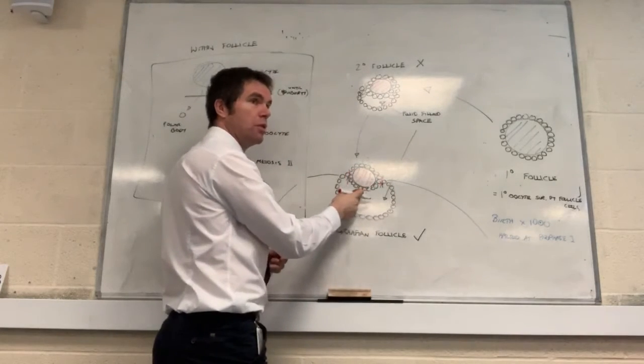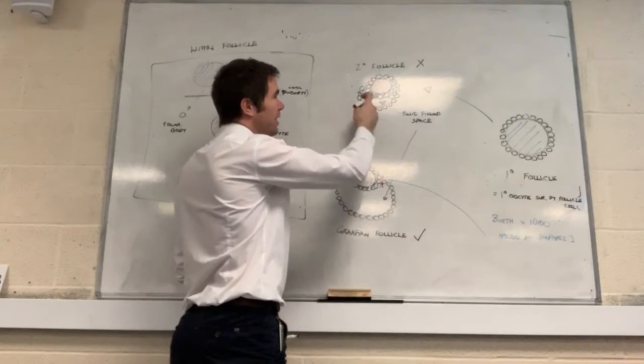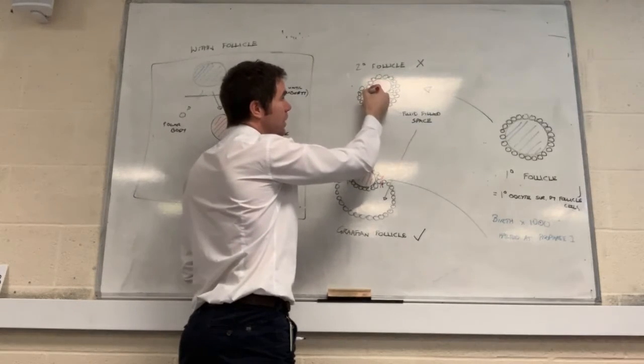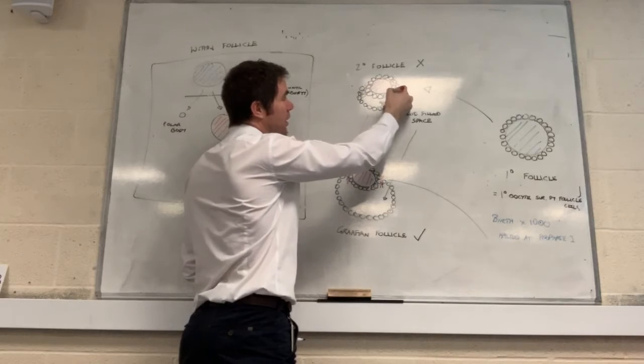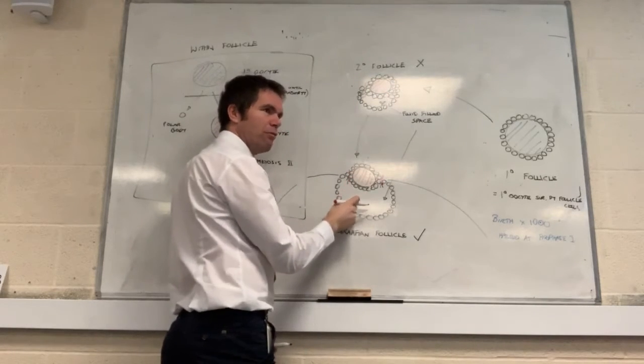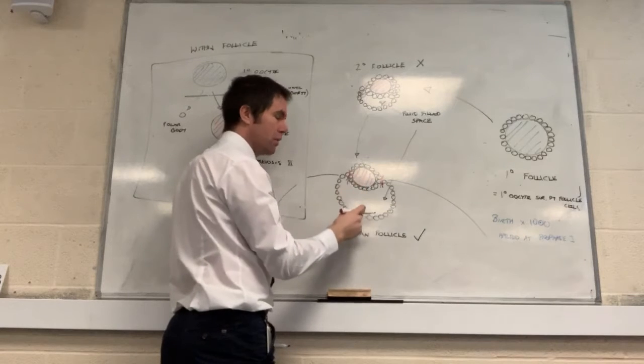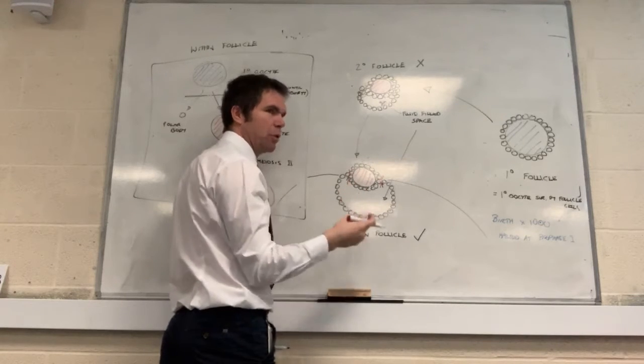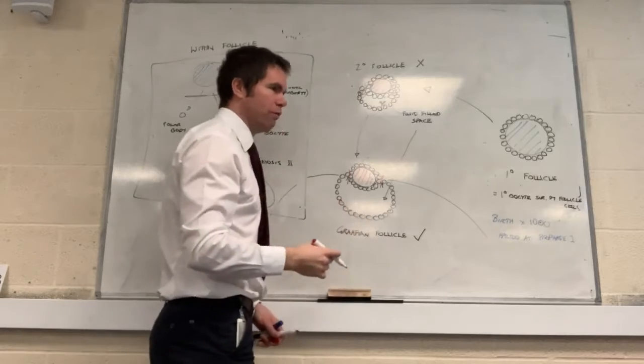This is loose. Now the reason I added more cells on here, you see we've got multiple adhesion points here and here. So releasing that is tricky. This is all about being ready for ovulation, this Graafian follicle. We've got this fluid-filled space there, and the fluid has probably got more of a role than this.